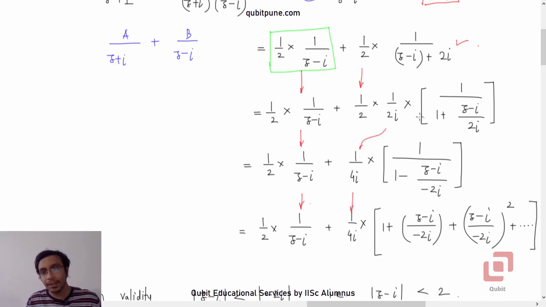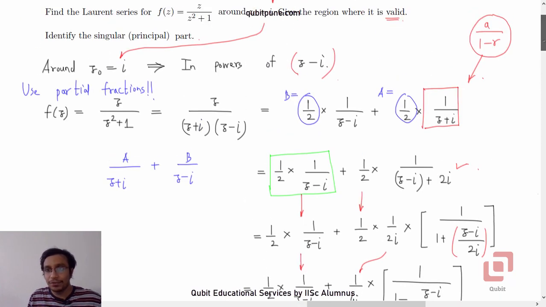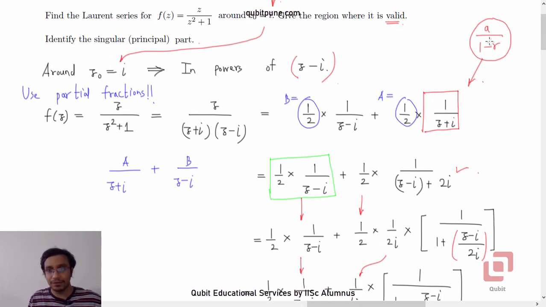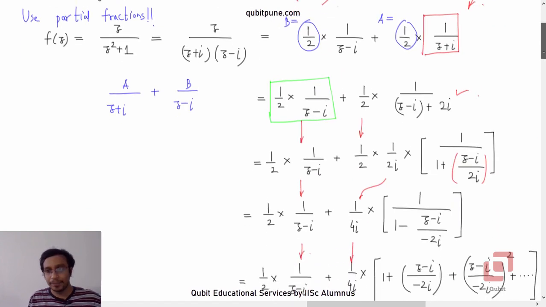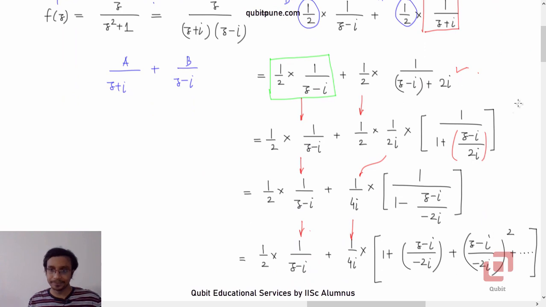Now what will happen inside? After taking 2i common, this will become 1 and z minus i will become z minus i upon 2i. We would also like it to be in this form, 1 minus something in the denominator, so change the sign of 2i.